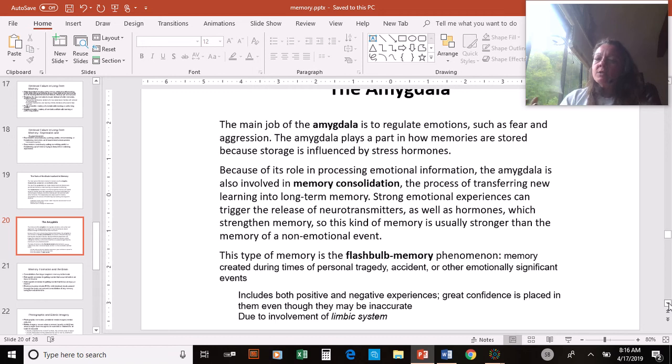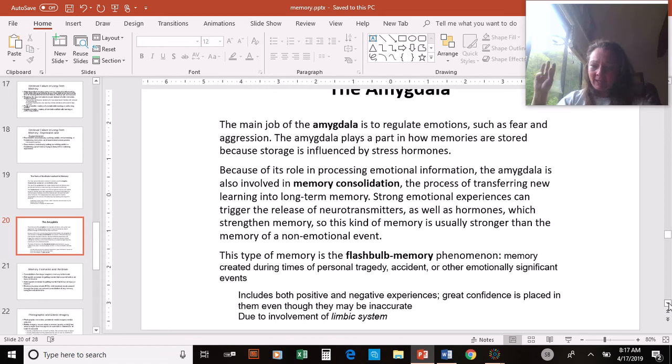And so when it comes to this emotional memory processing and consolidation that our amygdala does, we call this a flashbulb memory. Basically, think of it as taking a picture. Flashbulb refers to the old-timey cameras that had the big old flashbulb, so you knew your picture was going to be taken from that flash.